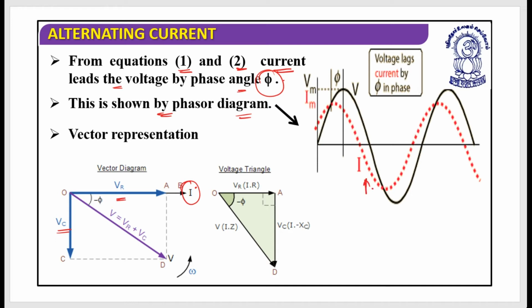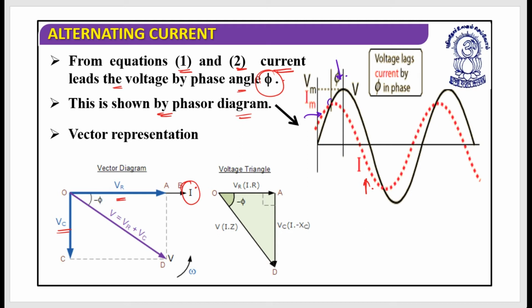How do I define which one is lead and which one is lag? We have discussed that the quantity which becomes maximum first is leading. Look at this: the red dotted graph is of the current, and the black graph is of voltage.